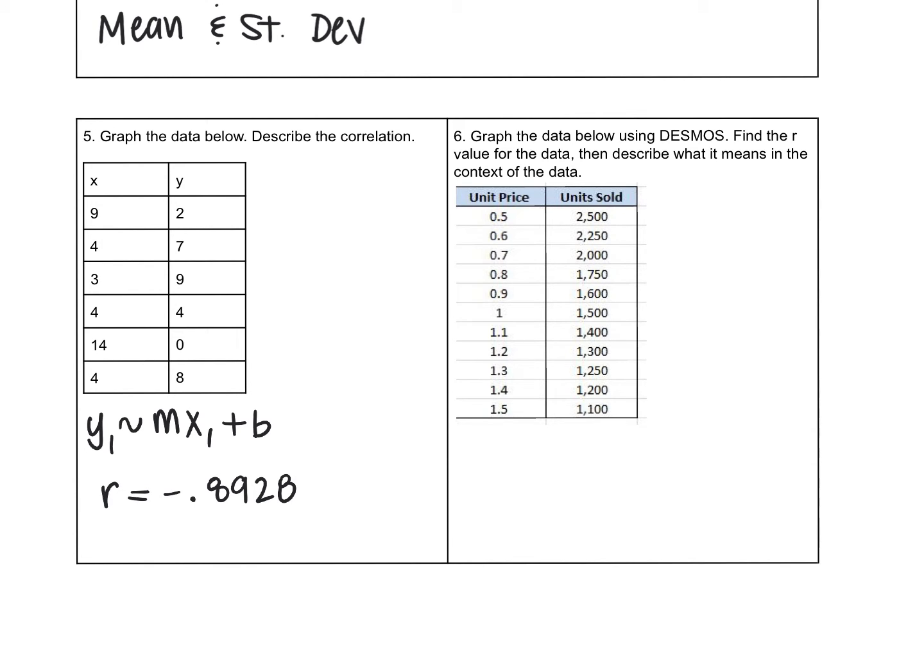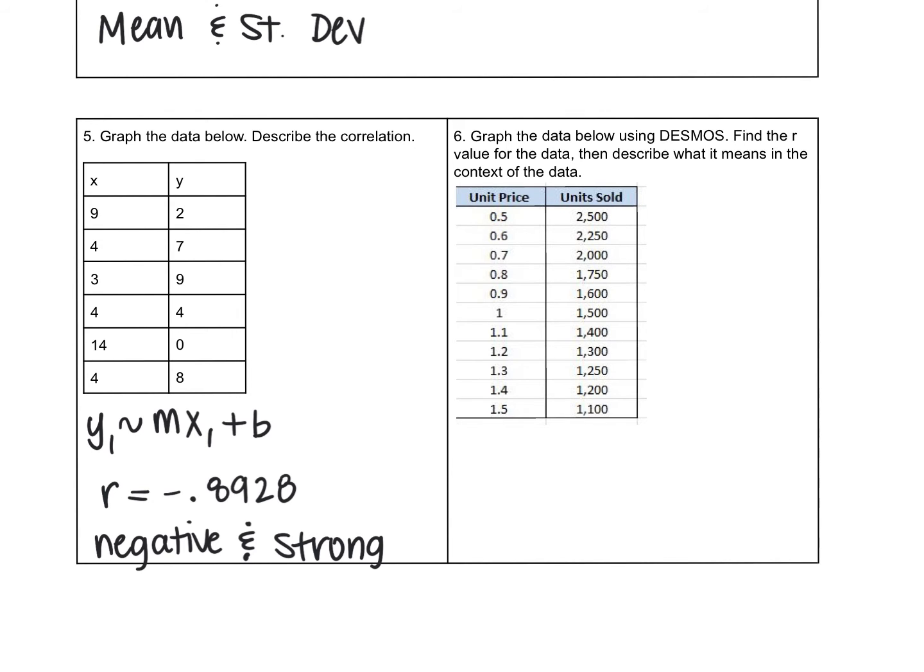So r value is obviously negative because it's a negative number, and then the strength is how close is that r value either to positive 1 or negative 1, depending on if it's positive or negative. And 0.8928 is pretty close to -1 when you add in that negative. So it's also going to be a strong correlation.